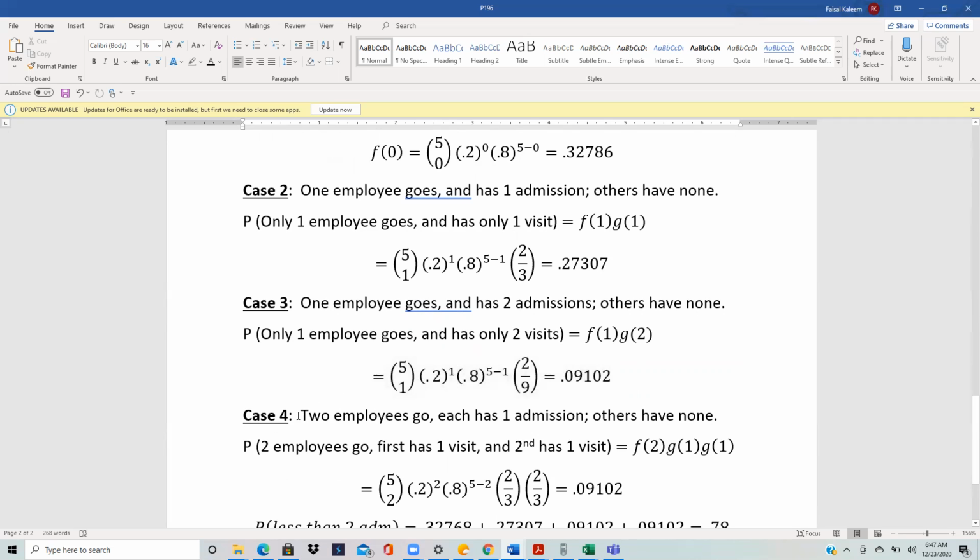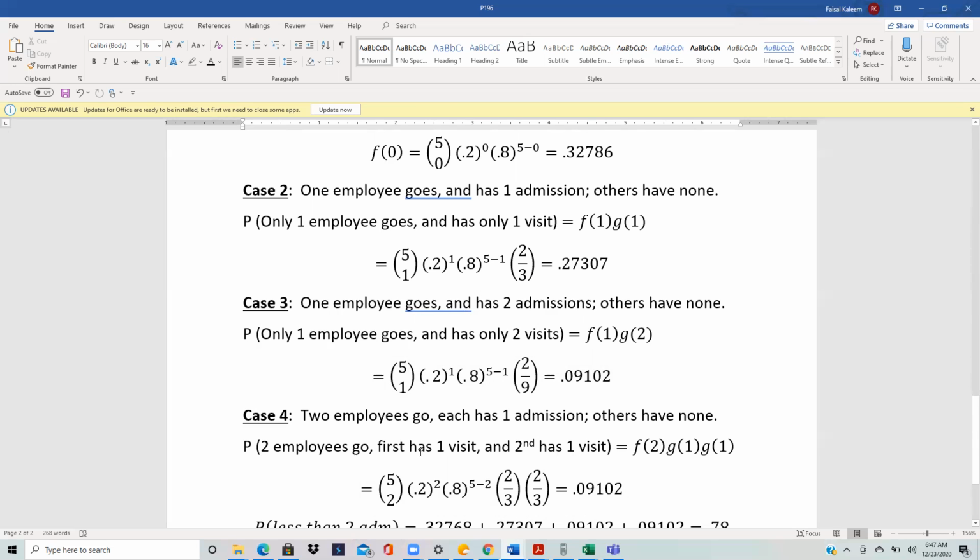And then the last case is that 2 employees go and each has 1 admission. In this case also the total admissions is 2, which is 2 or less. Others have none. So this would be 2 employees go, first has 1 visit and second has 1 visit. There are 2 ands going on here.